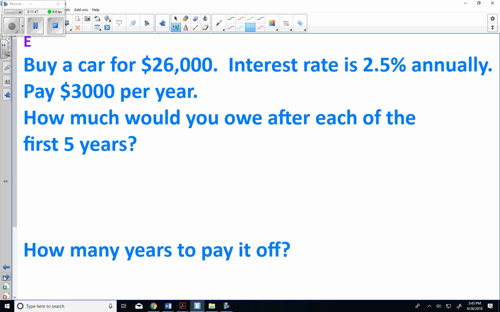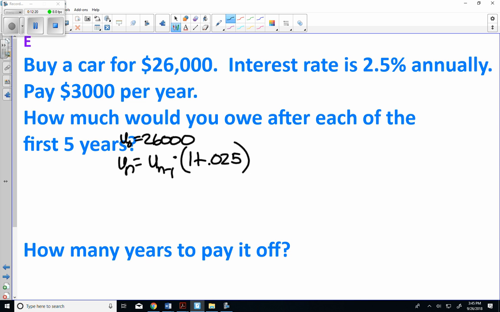All right. Here we bought a car for $26,000. Interest rate is 2.5% annually, and we are going to pay $3,000 per year. How much would you owe after each of the first 5 years? You start out at 26,000, and then u sub n equals u sub n minus 1 times 1 plus 0.025.